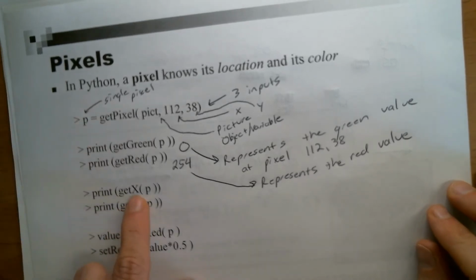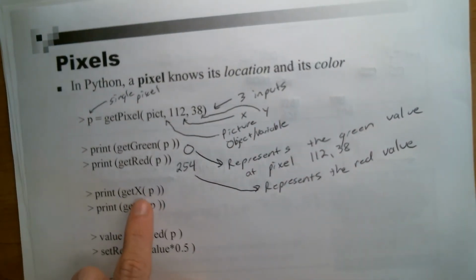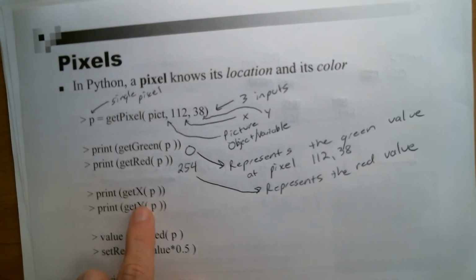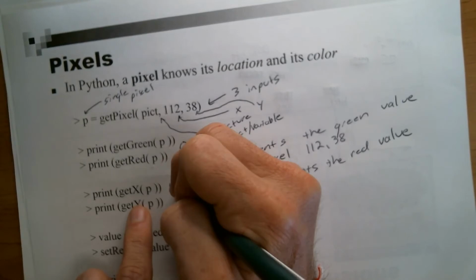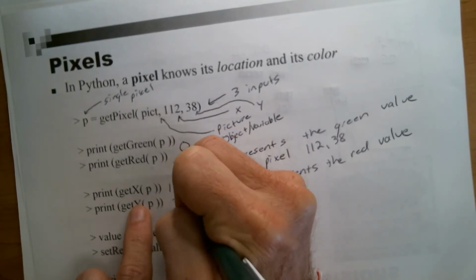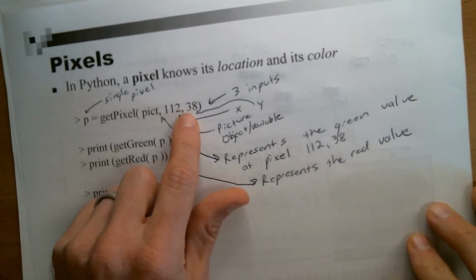So this next one is going to report the X and Y location of this pixel variable. It should be no surprise that you ended up with 112 and 38, because we requested the pixel at 112, 38.